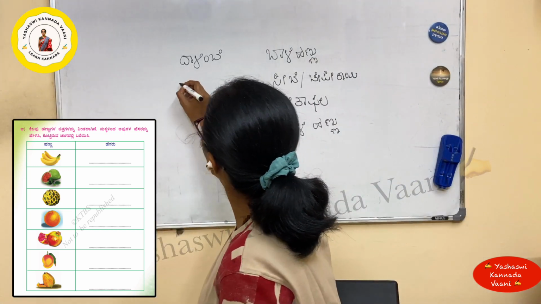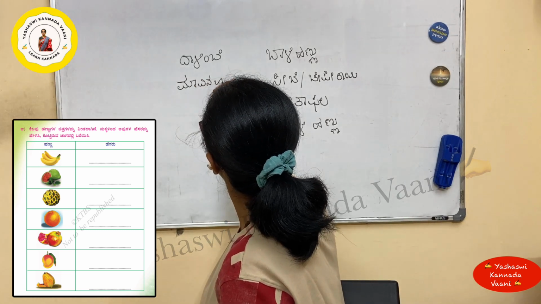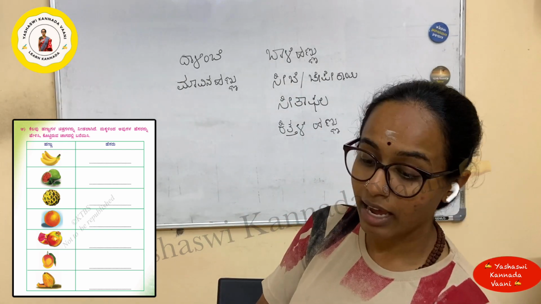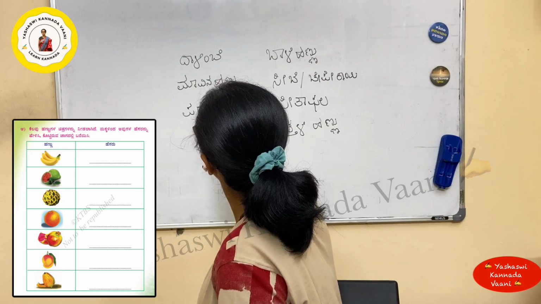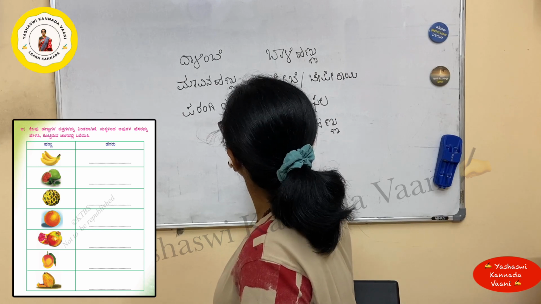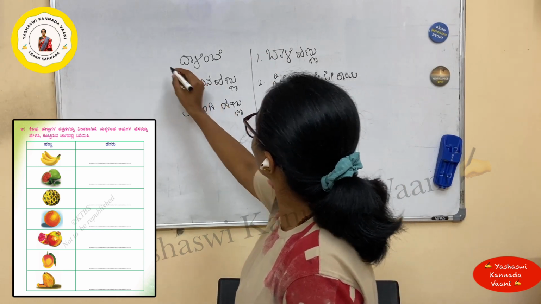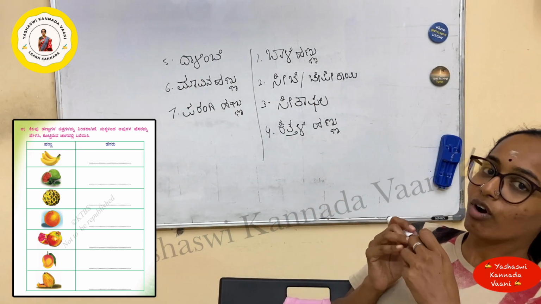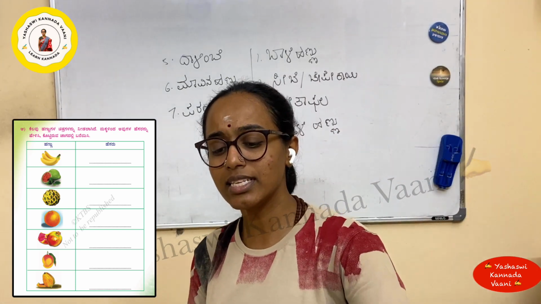Next is mango. Mango is maavina hannu. Then I have the last one, papaya, parangi hannu. So 1, 2, 3, 4, 5, 6, and 7. Just make a note of all these things. Now pause and write it down. These are the names of the fruits.